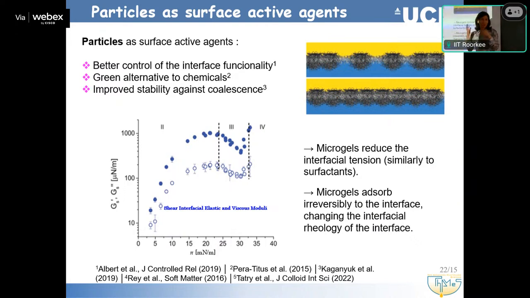But at least where I come from in the UK, there is a big discussion on moving away from oil-derived products and towards more sustainable materials. A lot of the surfactants are oil-derived, and there is work to try to move to different types of surface active agents, and particles are one of them.